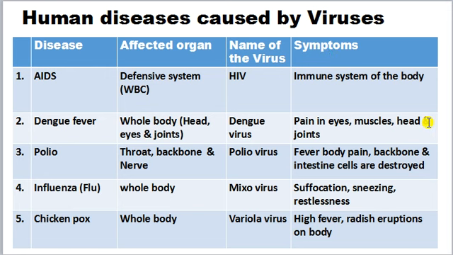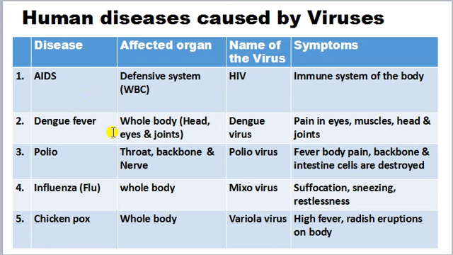AIDS is a chronic, potentially life-threatening condition caused by HIV. HIV enters your body and weakens your immune system, so that you cannot fight against any other organism. It is a sexually transmitted infection. The affected organ is WBC, so we have to remember its name. The virus is the human immunodeficiency virus, or HIV, that causes AIDS.